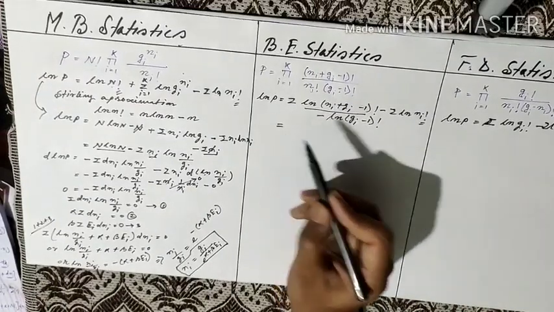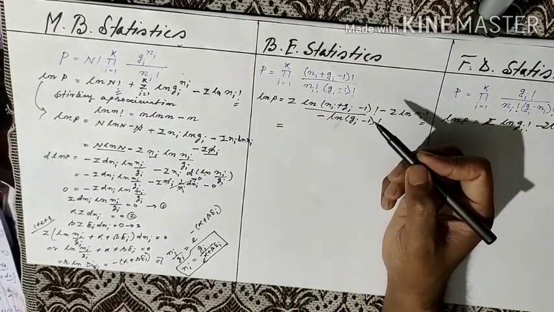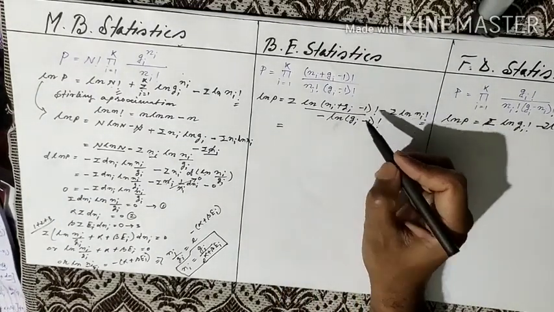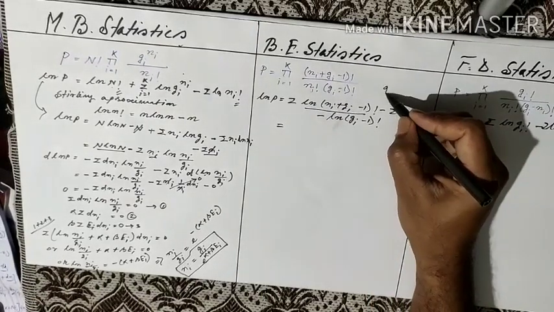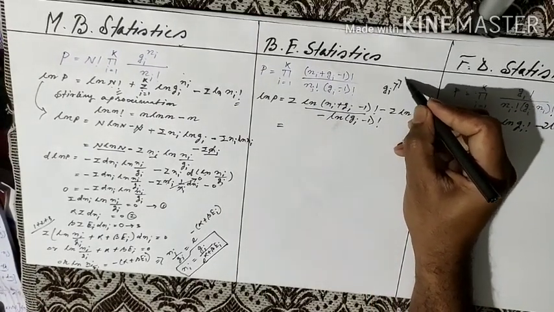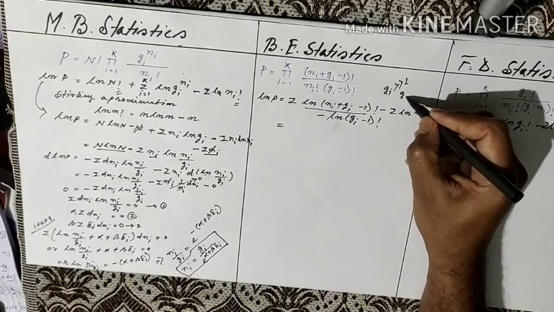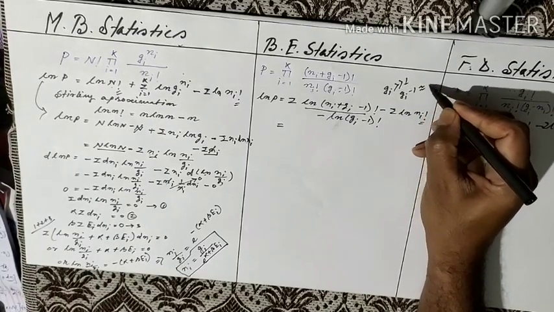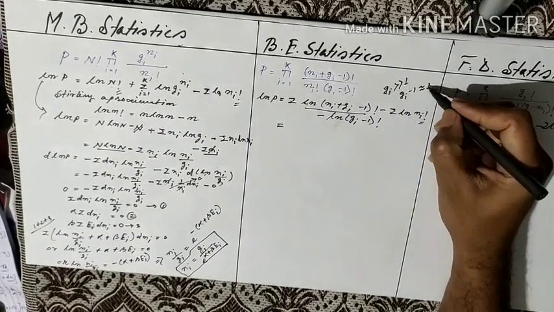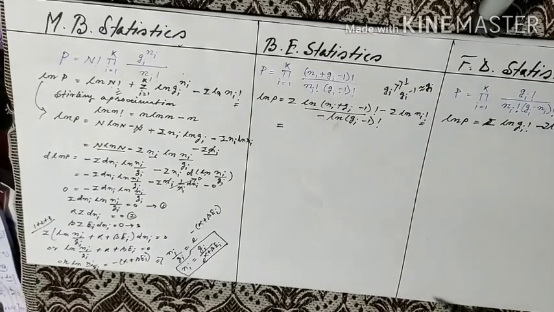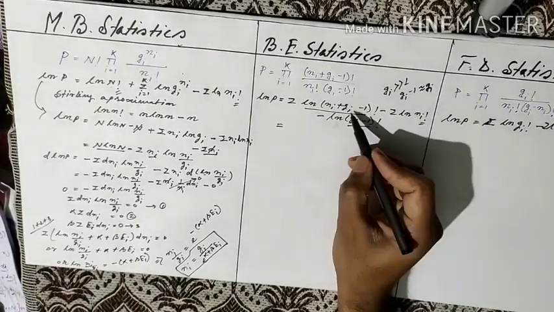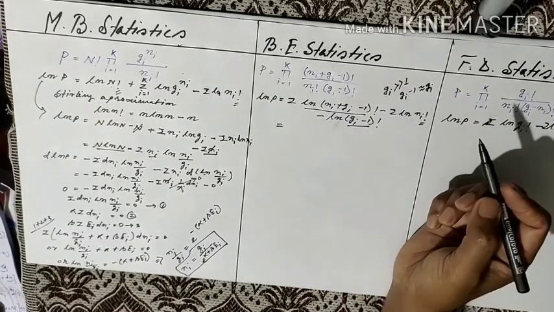This, but we will consider one thing again. Since this gi is in general much greater than 1, I will consider gi minus 1 almost equal to gi here. So here I will consider gi, and here also I will consider ni plus gi.